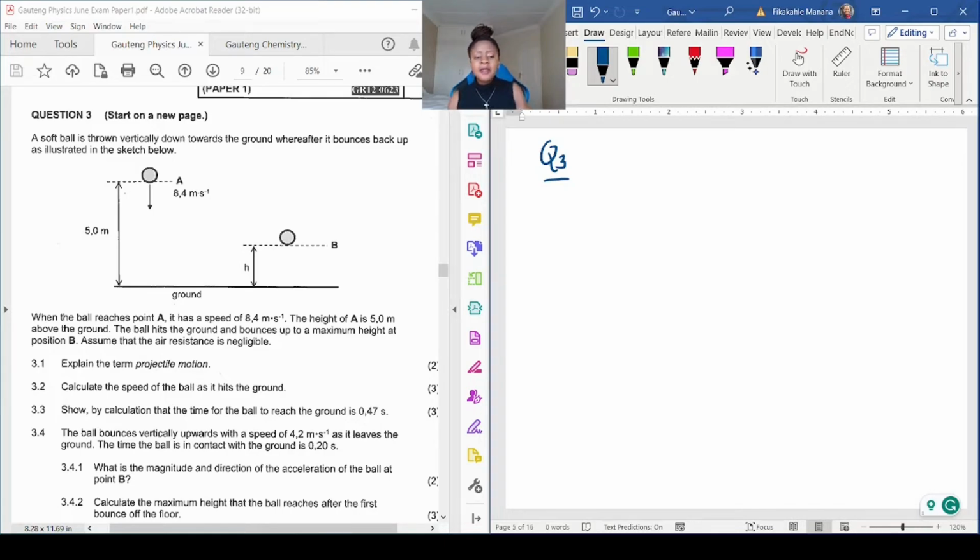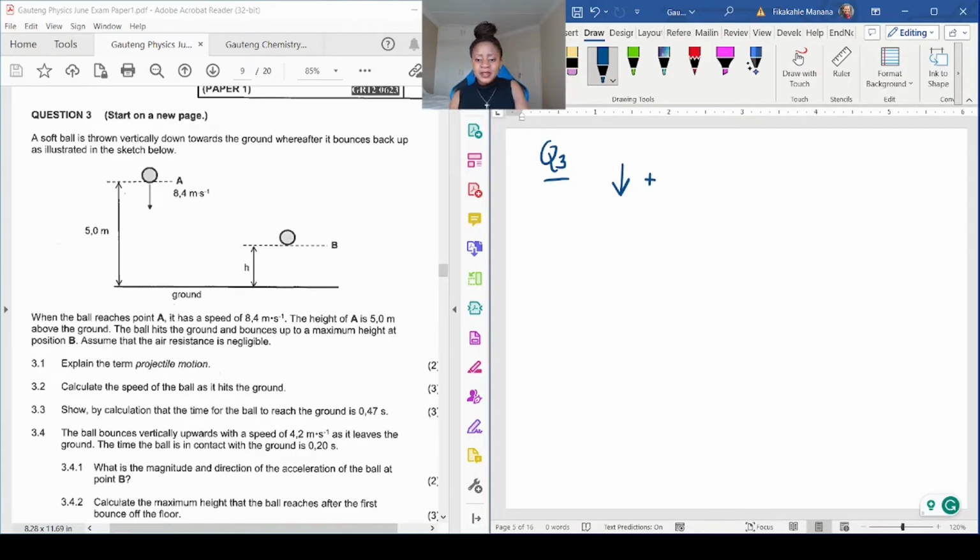Before you go far with these questions, you're going to calculate some velocity. Decide for yourself which one is positive. Is downwards positive or upwards positive? I will go with downwards being positive.